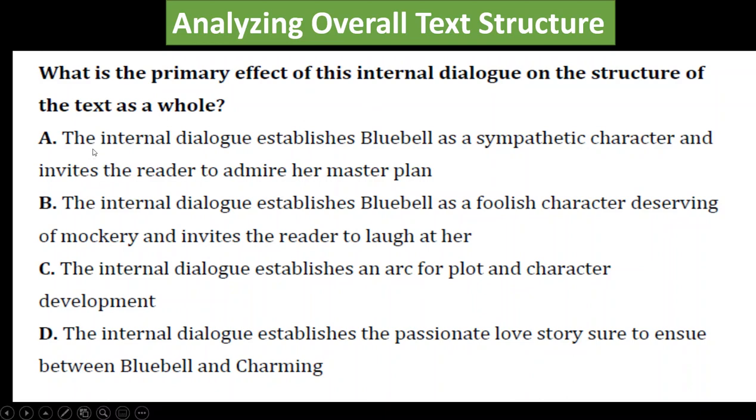Here it says the internal dialogue establishes Bluebell as a sympathetic character and invites the reader to admire her master plan, or it establishes Bluebell, that is the character, as a foolish character deserving of mockery and invites the reader to laugh at her, or it establishes an arc for plot and character development, or it establishes the passionate love story sure to ensue between Bluebell and Charming.